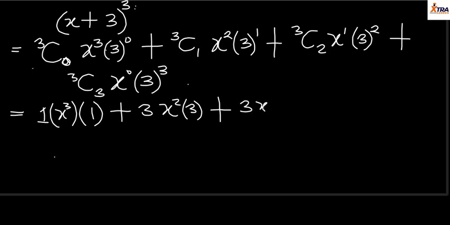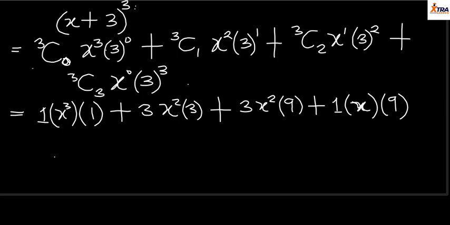And then we have x times 3 squared giving us 9, plus the final one, which is 3 combination 3, giving us 1 again, where we have x to power 0 times 3 cubed. So these are the 4 terms.